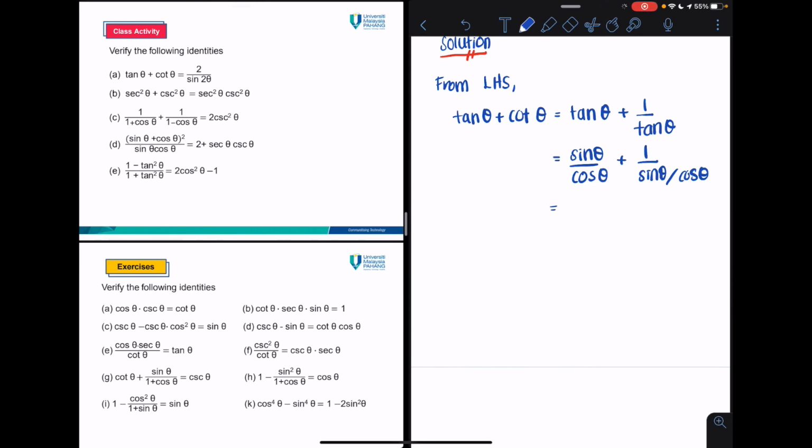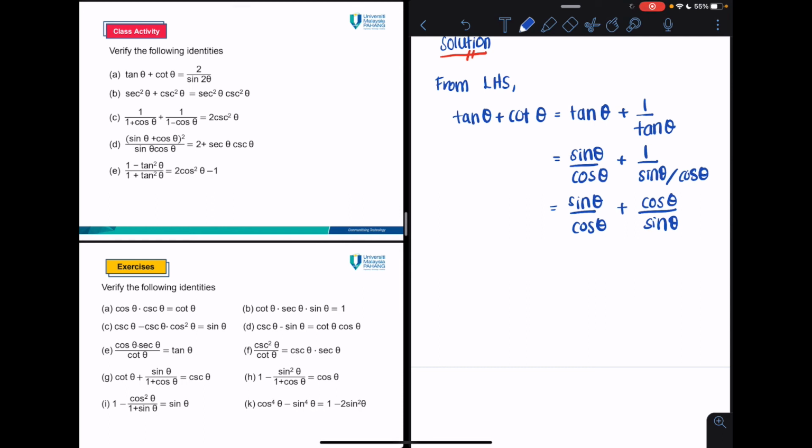And then you will get sine theta over cosine theta plus cosine theta over sine theta.